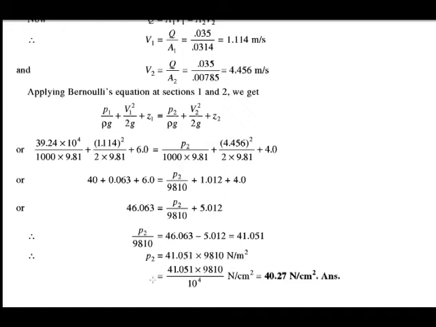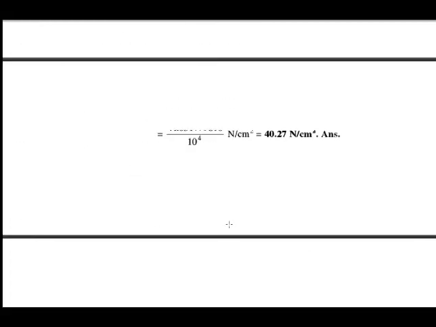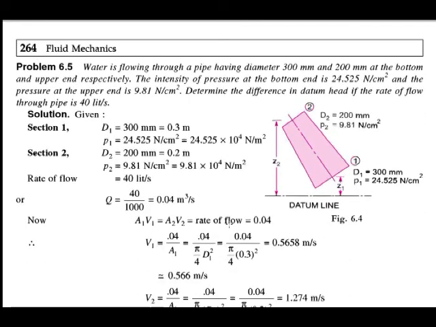In terms of centimeter, it is equal to 41.051 into 9810 upon 10 raised to 4. So the final value of P2 is 40.27 Newton per centimeter square. Okay, hope you understand these equations well. Now we will move towards the next problem.